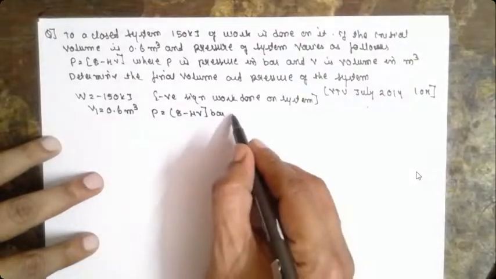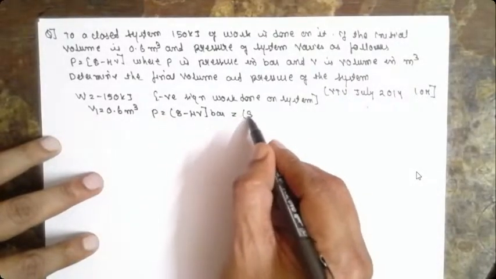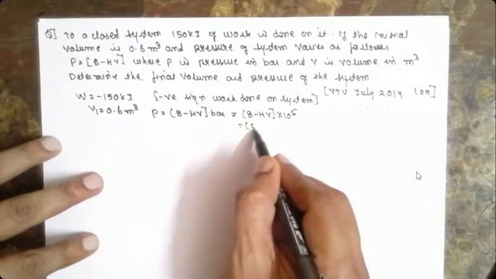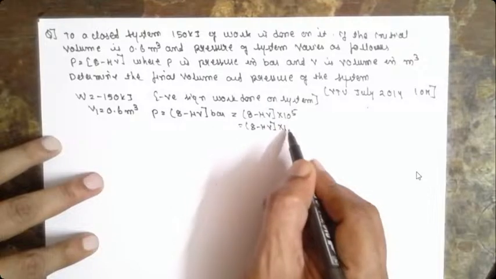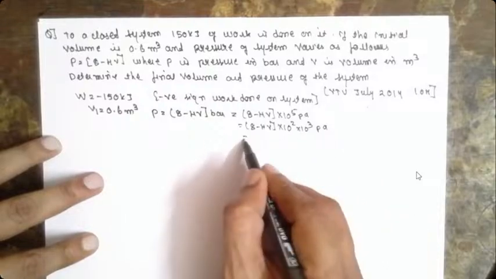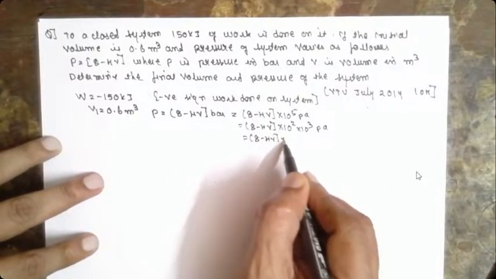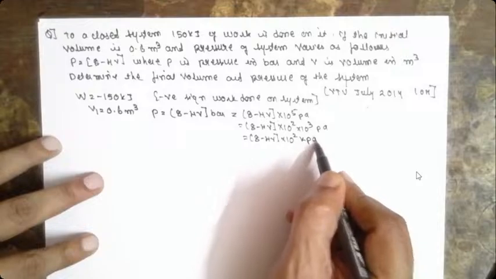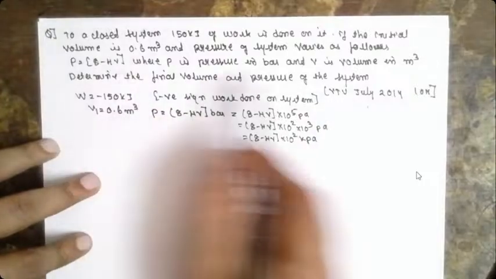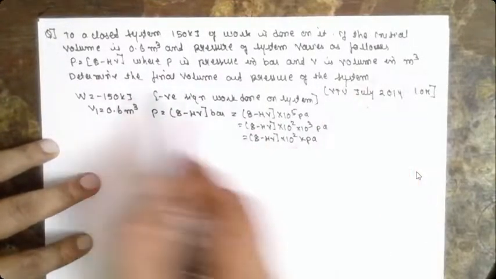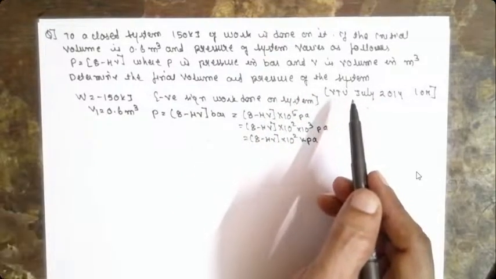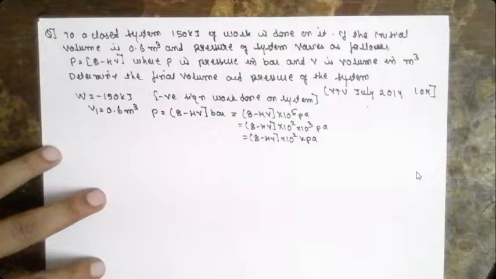You need to convert in terms of kilopascal. 8 minus 4V into 10 raised to 5, that is 8 minus 4V into 10 raised to 2 into 10 raised to 3 Pa. 8 minus 4V into 10 raised to 2 kilopascal. And V is in terms of volume, meter cube. We need to determine the final volume and the pressure of the system.